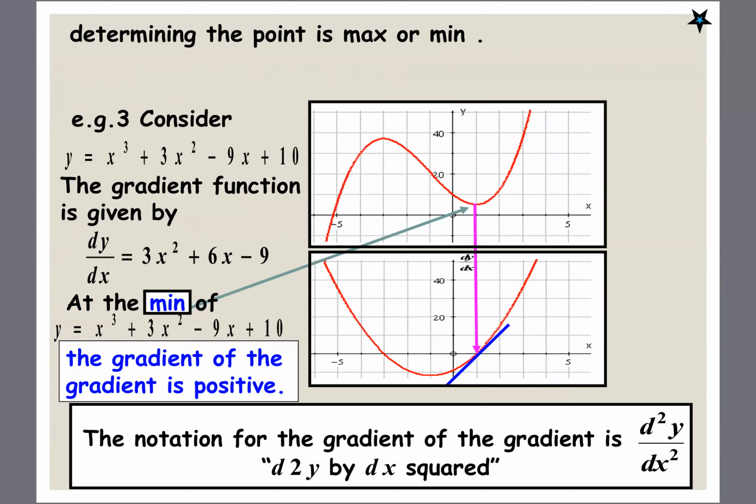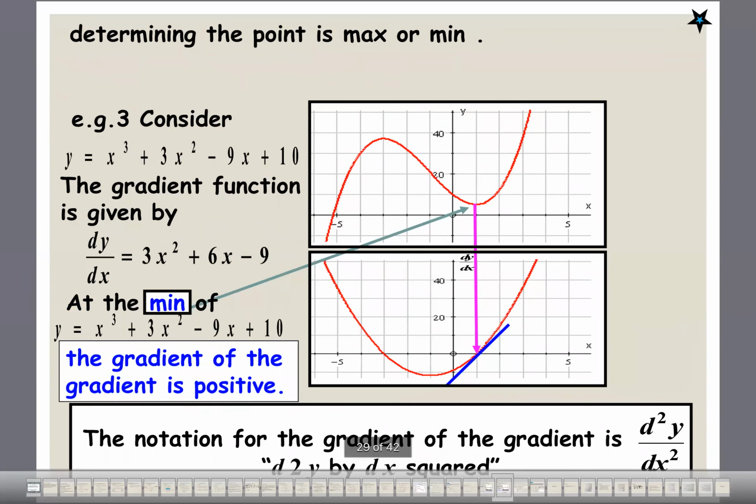When x equal to 1, you can see here, it is the minimum. And the other value we got is minus 3.